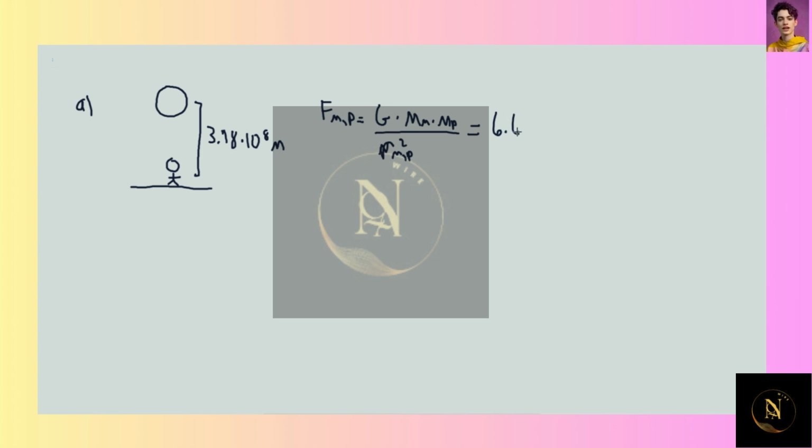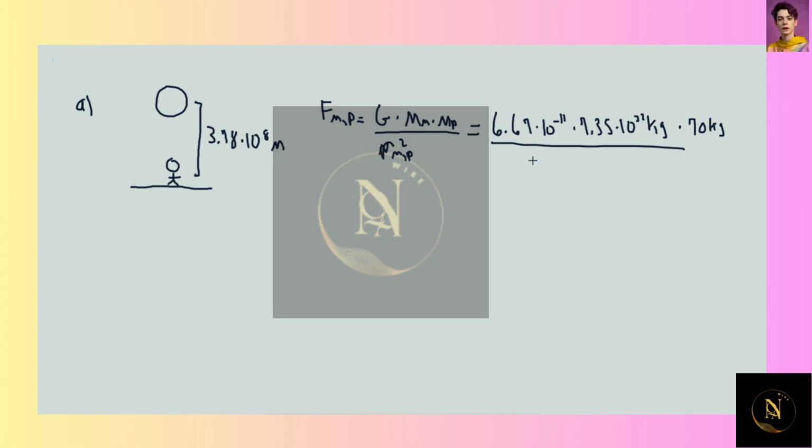So gravitational constant, 6.67 times 10 to the minus 11th. I'll leave off the units on that for now. The mass of the moon, we aren't given this, so we have to look it up in the appendix, and that will be 7.35 times 10 to the 22nd kilograms. And then the mass of our person, which is 70 kilograms.